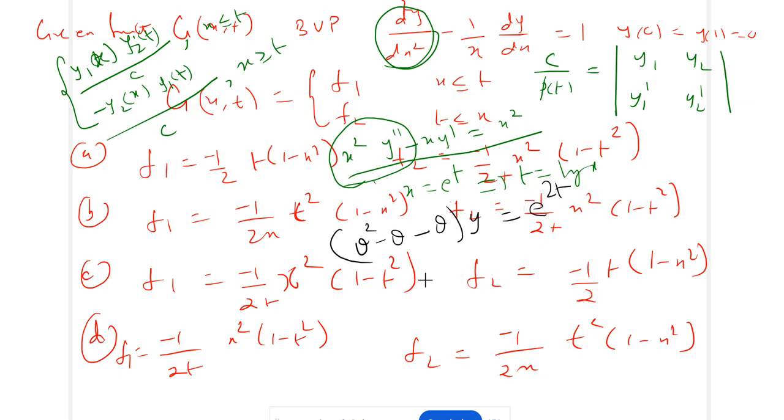So theta square minus 2 theta into y equal to e power 2t.